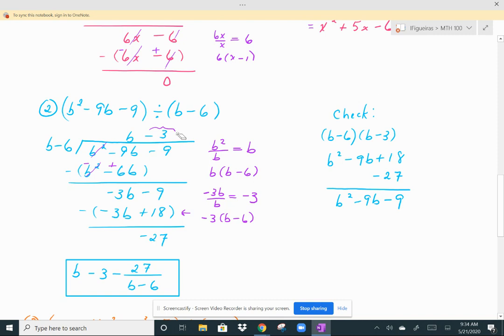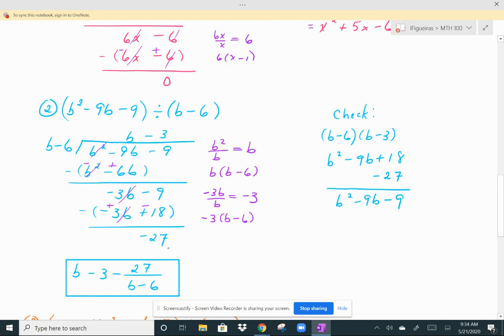Again, remember, because you are subtracting, your signs will change. And so this one turns to a plus and that one turns to a minus. So the 3b's will cancel, and negative 9 minus 18 gives me a remainder of negative 27.